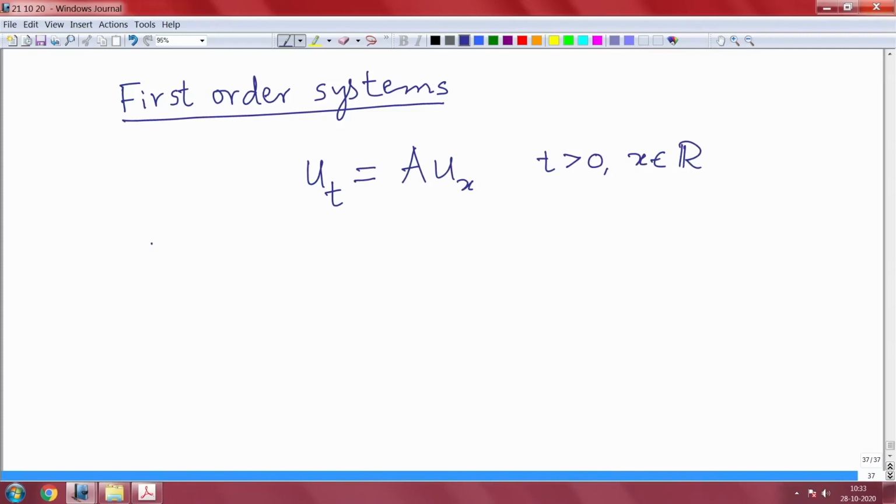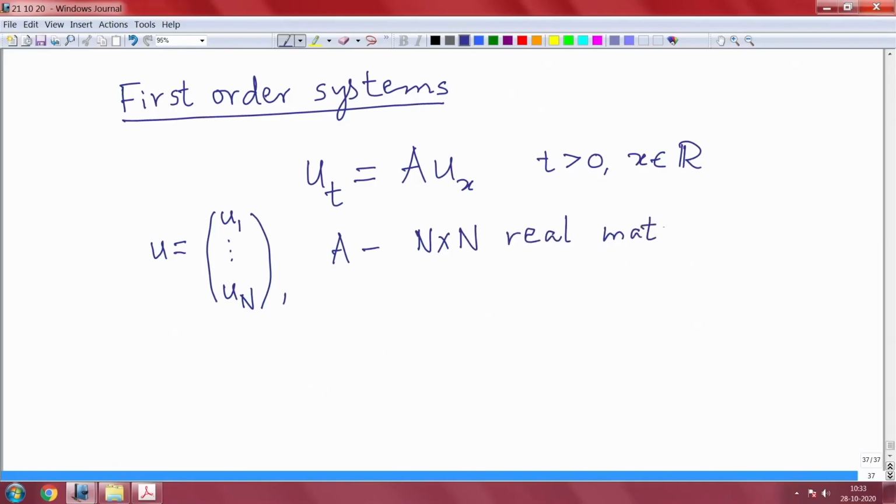So, here u is a column vector u1 to un, and A is an n by n real matrix. So, if you expand this, so this we have written in matrix notation.